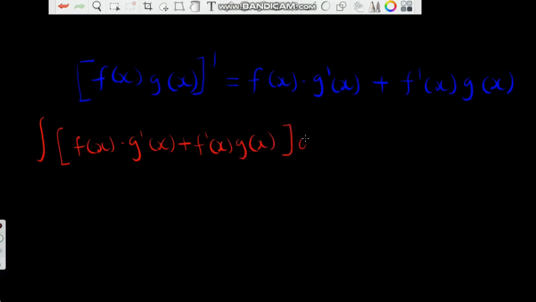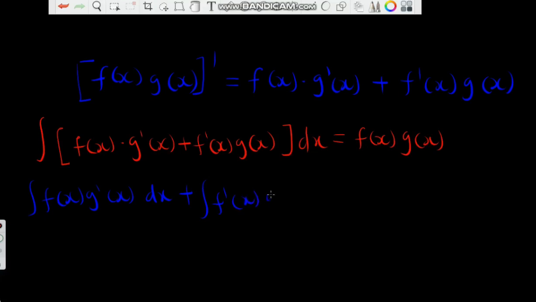When I take the integral of this dx, this should give me f of x g of x. So I'm going to rewrite this in the form: the integral of f of x g prime of x dx, plus the integral of f prime of x g of x dx.